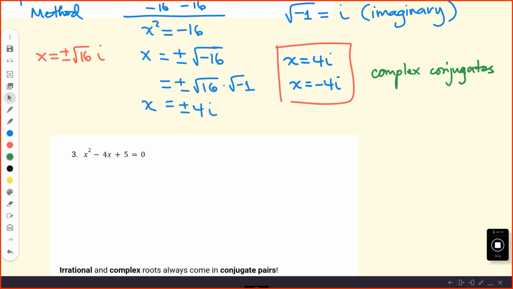That's the question. No. So if we cannot factor a polynomial, that means the roots are not real. Every time we see a polynomial that is not factorable, we have to use other methods. You can do either completing the square or the quadratic formula.